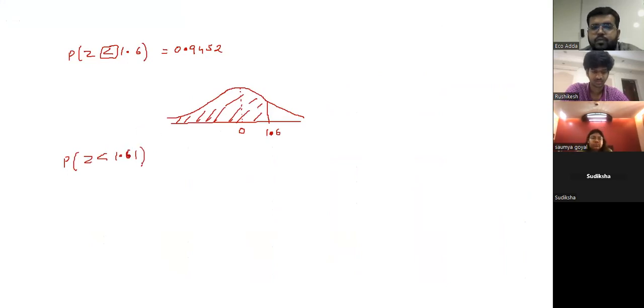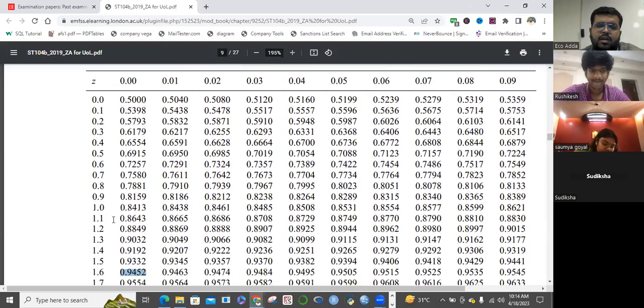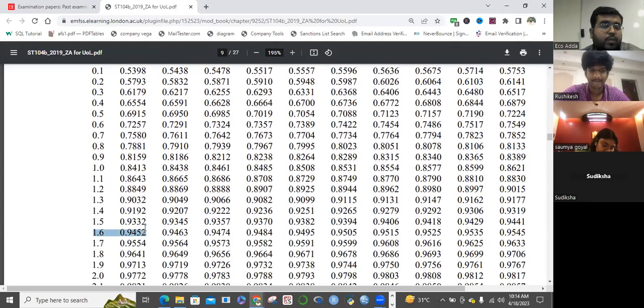Obviously, first of all, we need to make a graph. This is 0, this is 1.61, and we need to find this. In this case, please remember that this is a value only for 1.6.